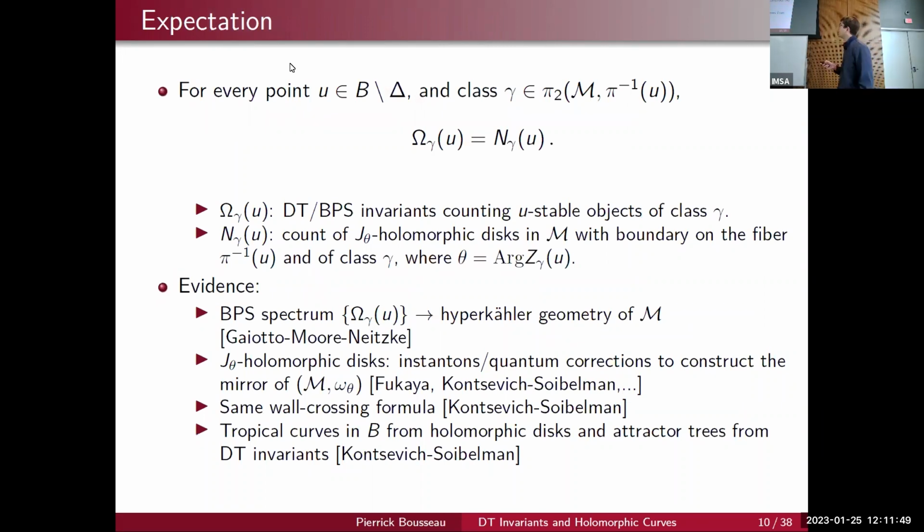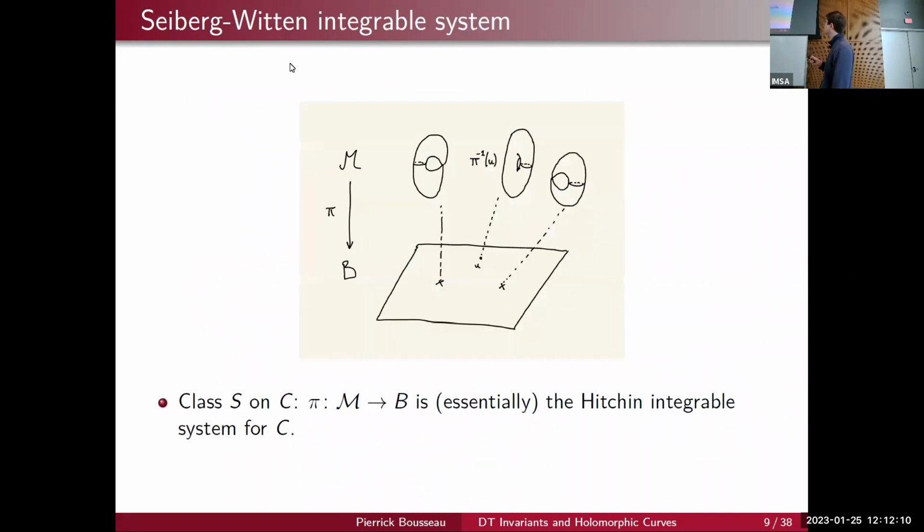Okay, so on the two sides of this equality, the various things have very different meanings. On the left-hand side, the u parameter is a stability parameter on the DT side, whereas on the right-hand side, u is really specifying a torus fiber in this torus fibration.